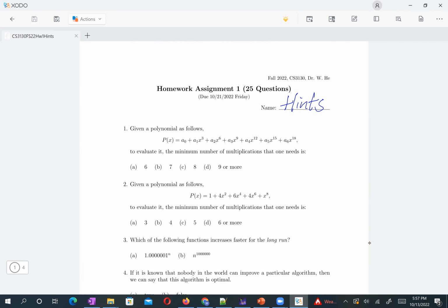Let me get back to the midterm. I will say the midterm will be approximately around the end of this month, plus or minus 1 or 2 days.